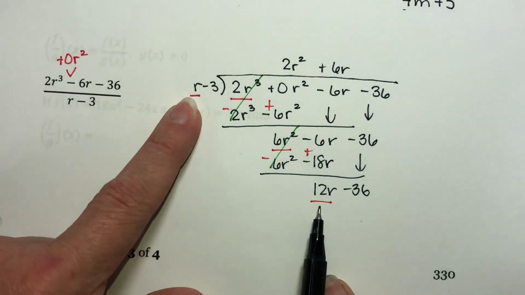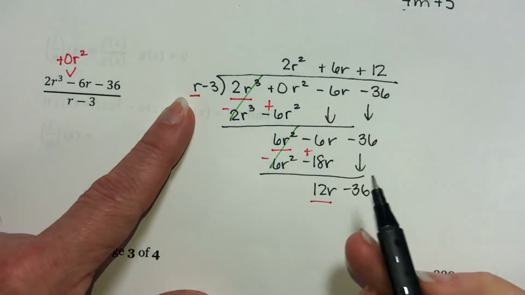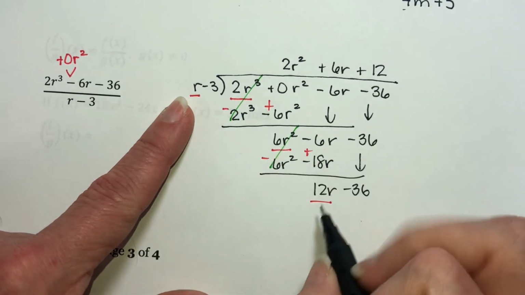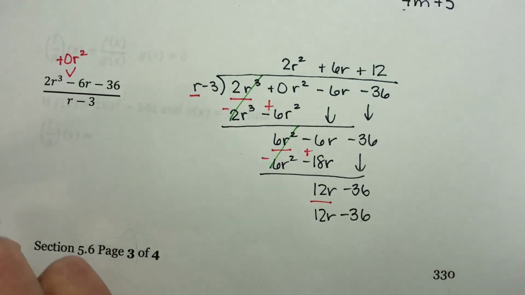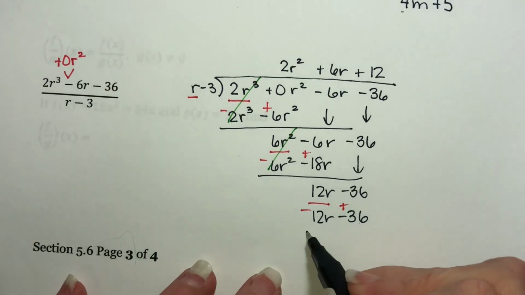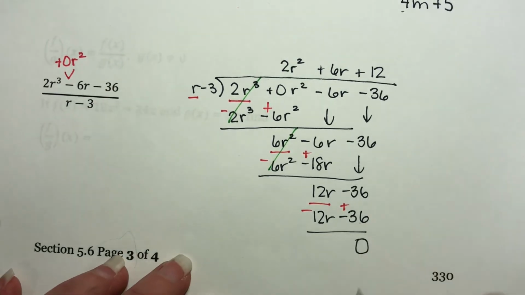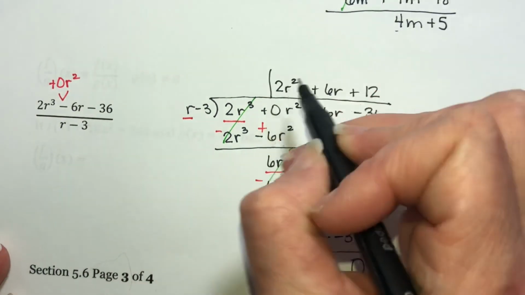R needs to become 12r, so that's plus 12. 12 multiply through here, we get 12r minus 36. So when we change every sign and we add them, what happens? Everything cancels out and we get a nice big 0. So this one doesn't have a remainder. Our answer is right up here.